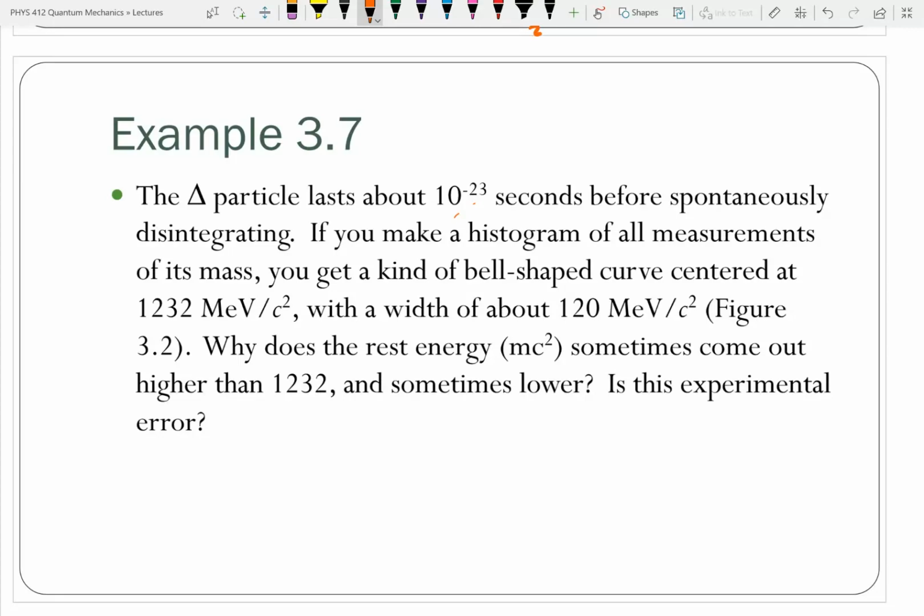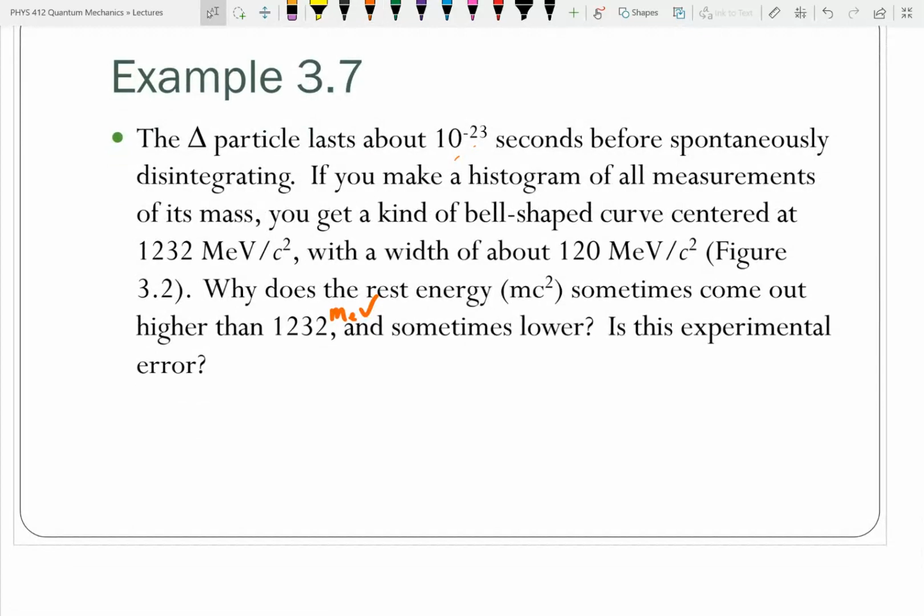So if you make a histogram of all the measurements of its mass, you find you have a bell-shaped curve centered at 1232 MeV per c squared, which reminds me I should have put MeV there, with a width of about 120 MeV per c squared. If you look in your textbook, figure 3.2 shows a graph of that histogram, at the bottom of page 117. Now I'm going to draw my own variation of this, just so you can laugh if you need to.